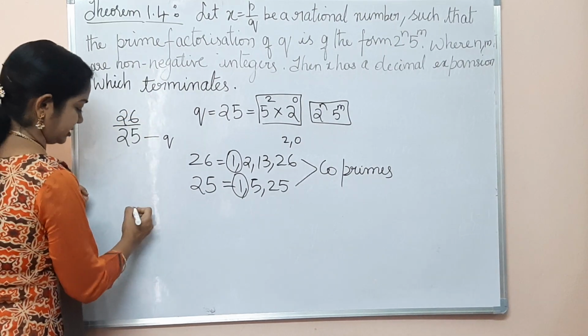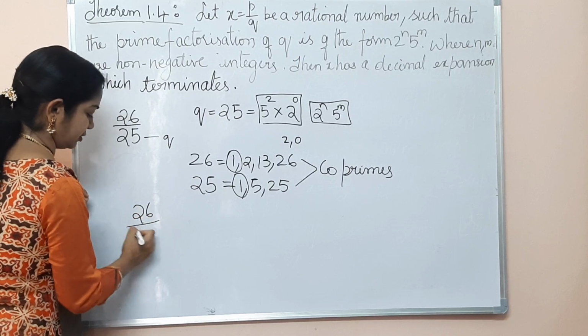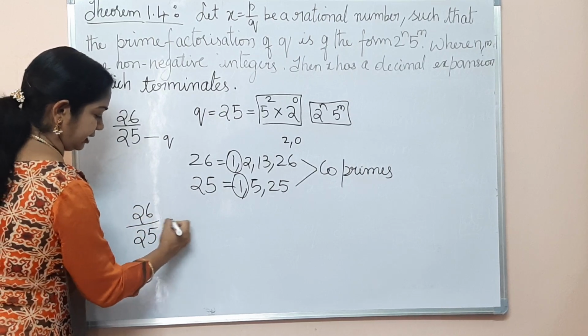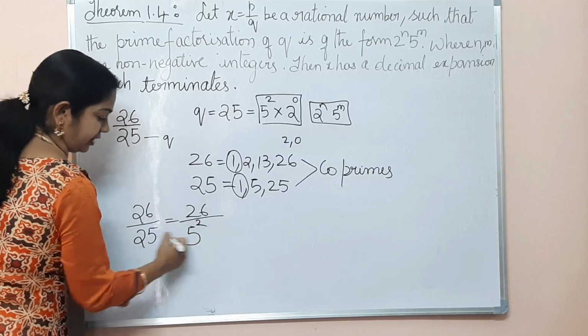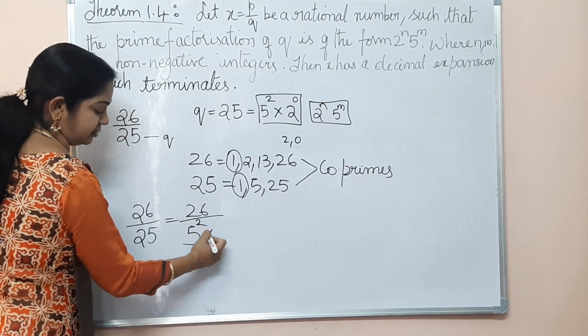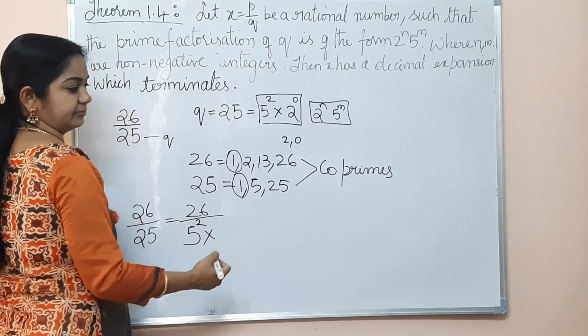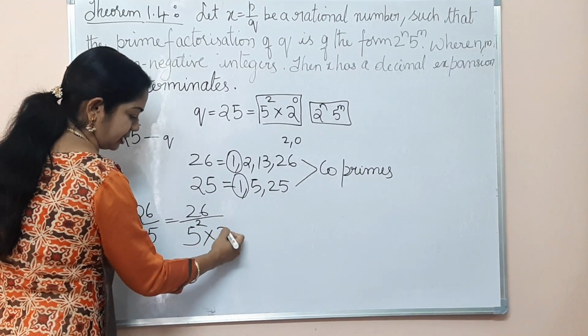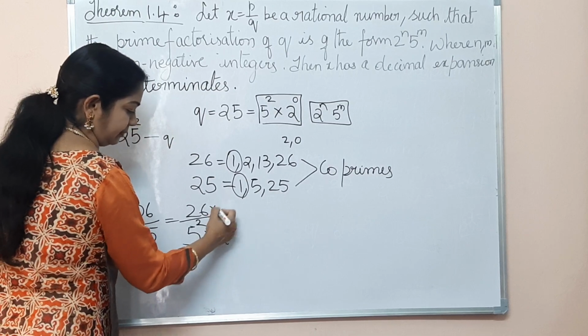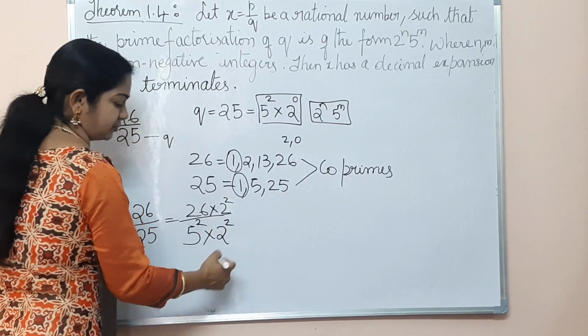Let's see, through actual division you can also do it. If I take this 26 by 25, 25 is 5 square. I'll raise the denominator to the nearest 100, because to 10 it can't be, as it is greater than 10. So to the nearest 100 I'll take it, multiplying and dividing by 4.